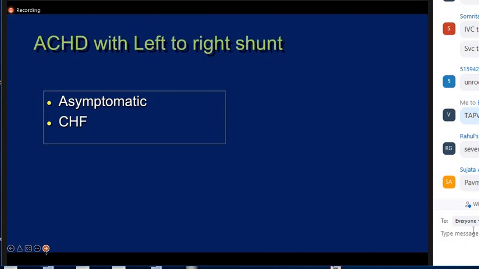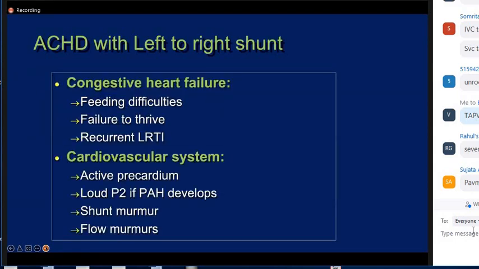So left to right shunts in general are either asymptomatic or present with congestive heart failure. Congestive heart failure is predominantly seen in post-tricuspid shunts. In infants, the common symptoms of congestive heart failure are feeding difficulties and the presence of a suck-rest cycle. The baby takes feeding, stops for a while and takes rest, and again restarts feeding.